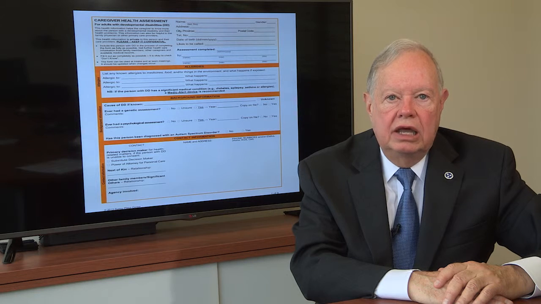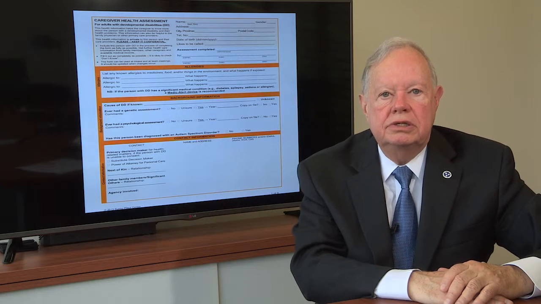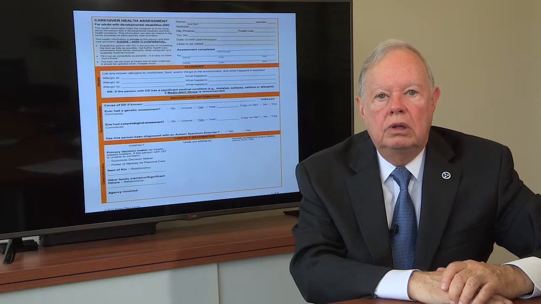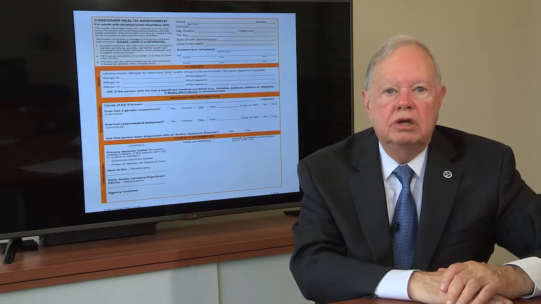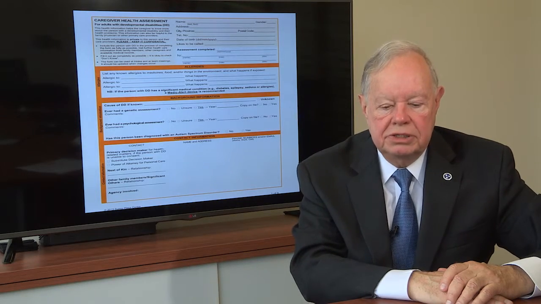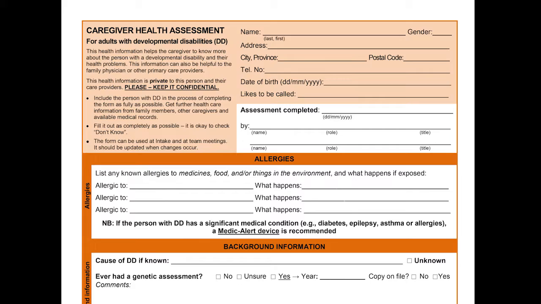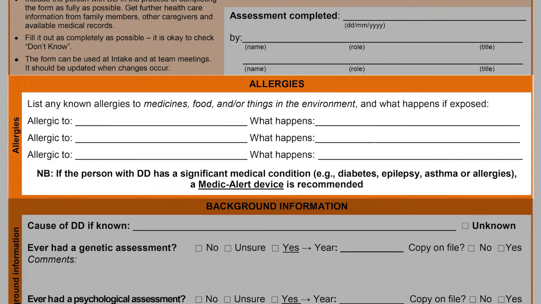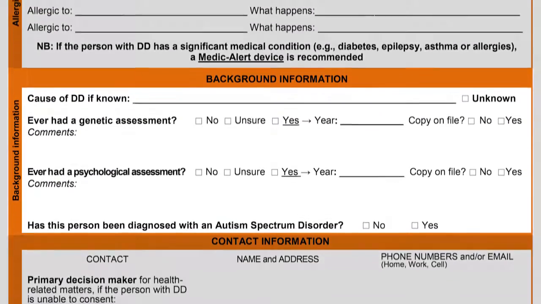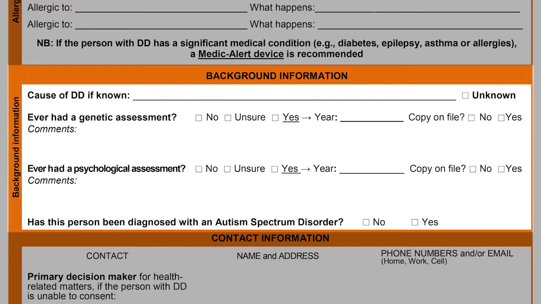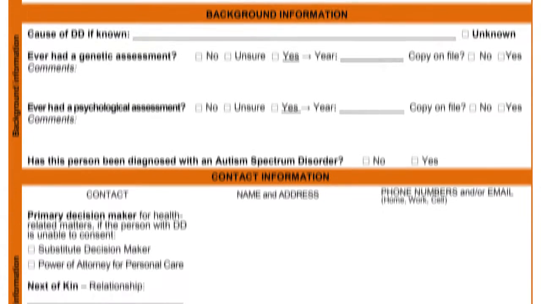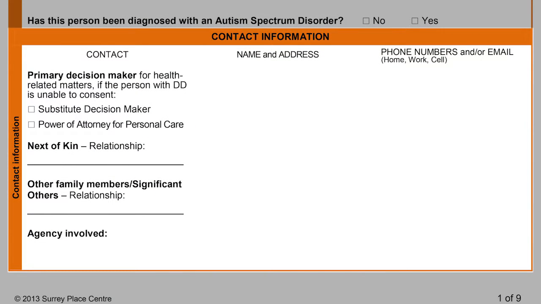And it's a level of detail of those questions that the provider will want to ask on a functional inquiry or review of systems. So it starts off with things like allergies and assessment, the cause of the disability, whether there's a genetic assessment, a psychological assessment, the things that we've talked about previously, and then some contact information, and then goes through other elements.